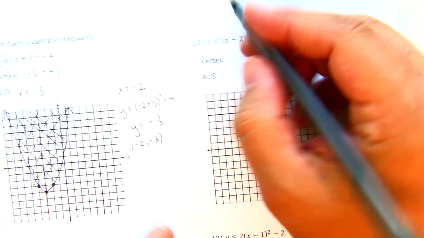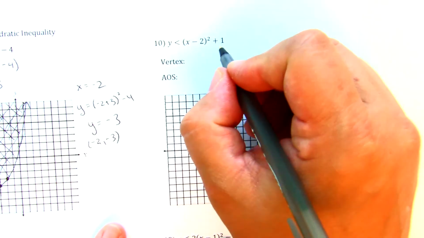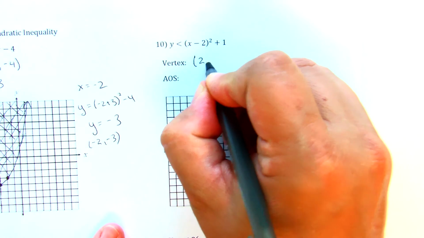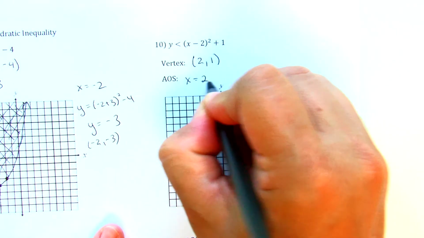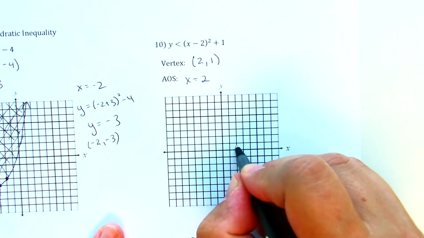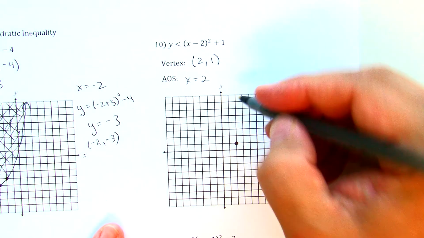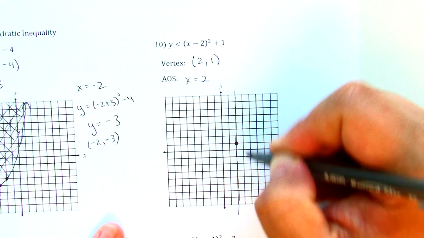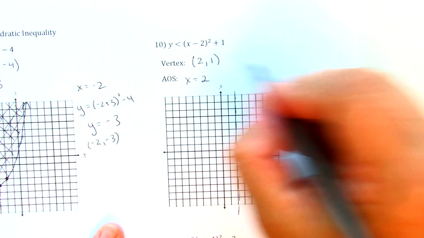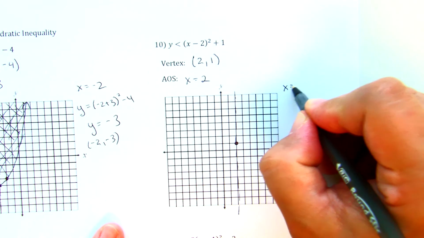Let's look at another one. Alright, we'll find the vertex first. The vertex is going to be at (2, 1), and the axis of symmetry then will be at x equals 2. So (2, 1), axis of symmetry right here. Okay, I'll go 1 to the right, which would put me at x equals 3.